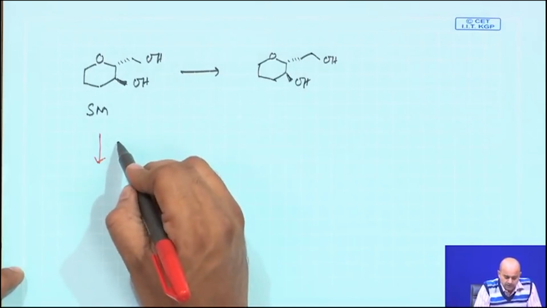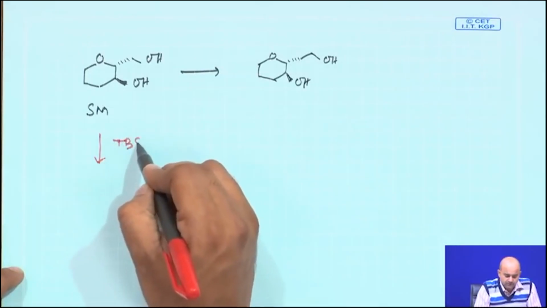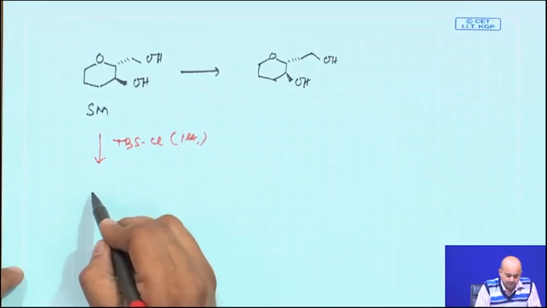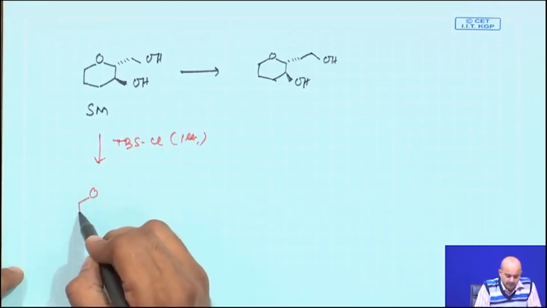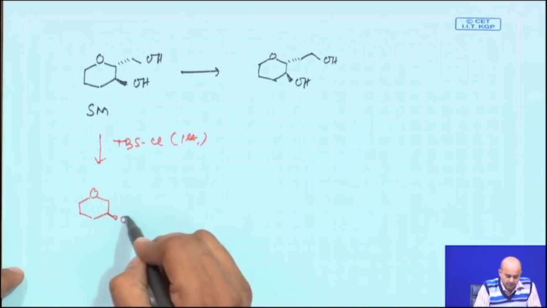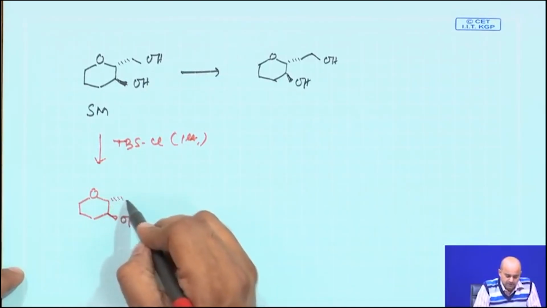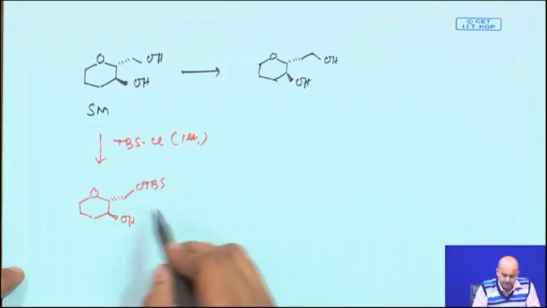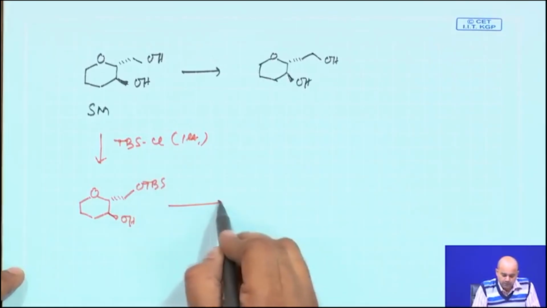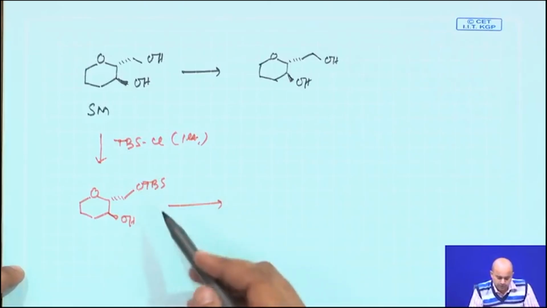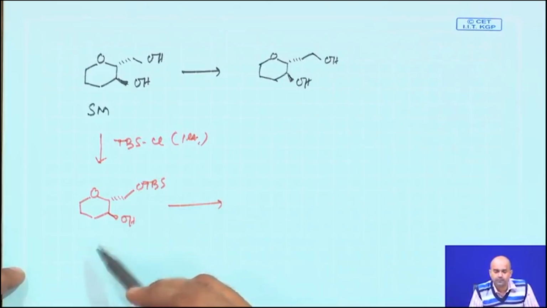So, what I will suggest, you do it in this way: you take first TBS chloride, 1 equivalent, and that will give you the primary, which is sterically less congested, will first protect it. The secondary you can then protect by different protecting groups.